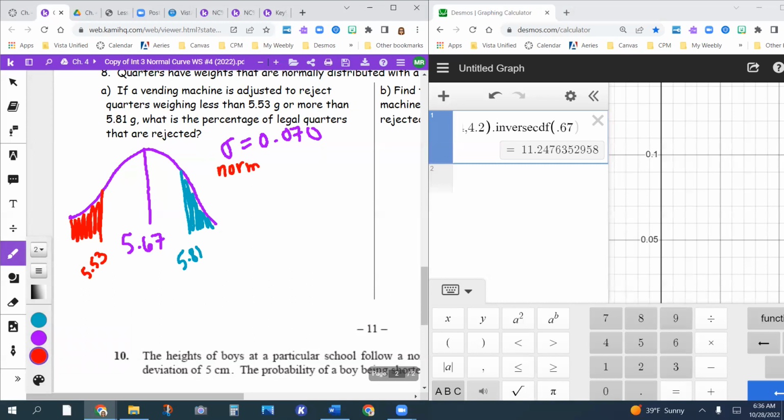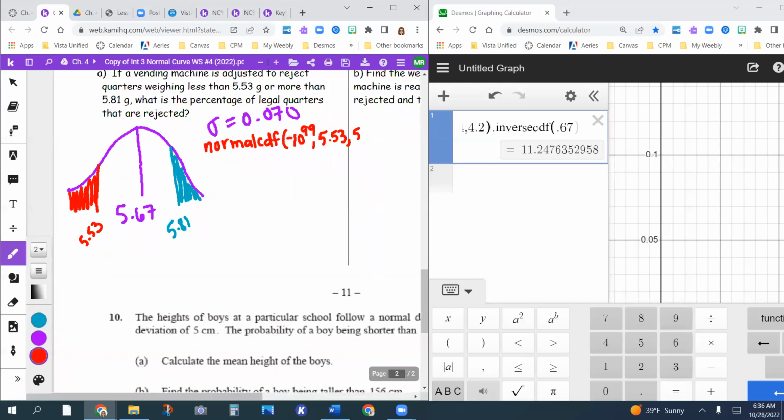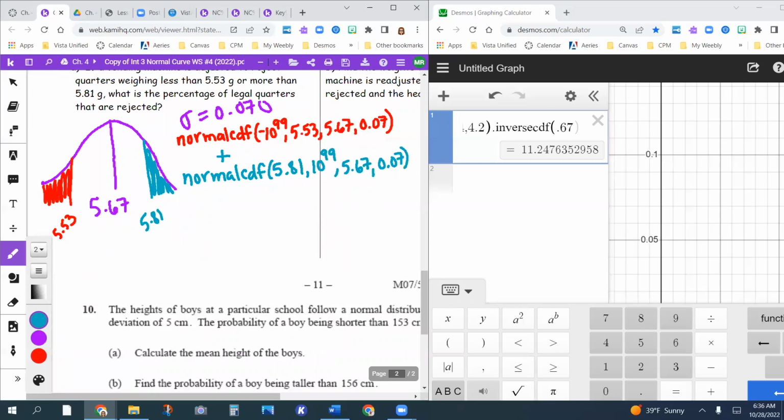I could do normal CDF of negative 10 to the 99, so negative infinity, to 5.53 with a mean of 5.67 and a standard deviation of 0.07, and add that with the normal CDF of the lower bound 5.81 to 10 to the 99, which is infinity, mean 5.67, standard deviation 0.07, and see what I get. Okay, so let me do that on this.